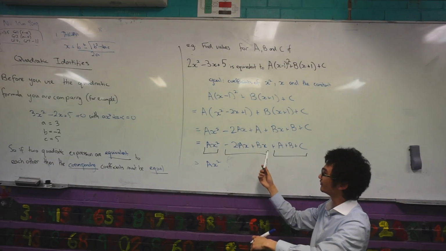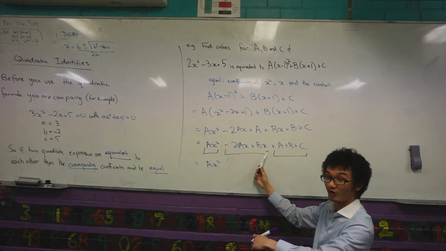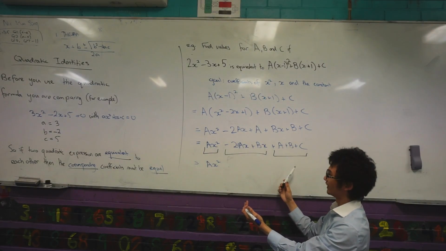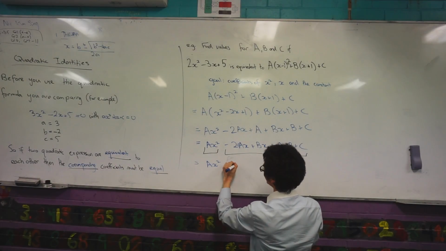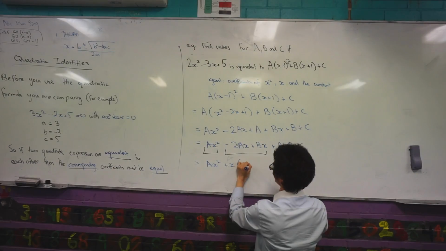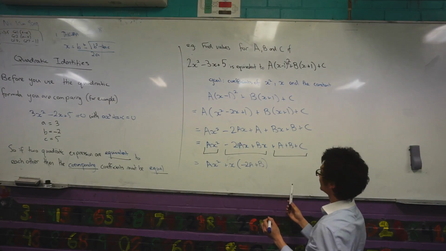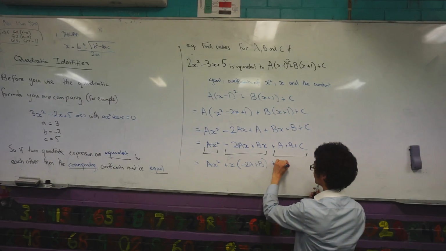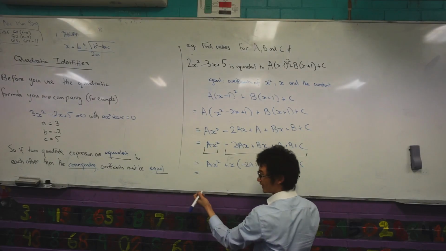What I can do is, I can factor them out though. Because my x terms are in common, I can take a factor of that out, right? So I would get left with, if I took out positive x, I would get minus 2a plus b, okay? Because if you expanded these out, you get the same thing. And I can leave that as it is. And that's now helped me find the coefficient of the x term.